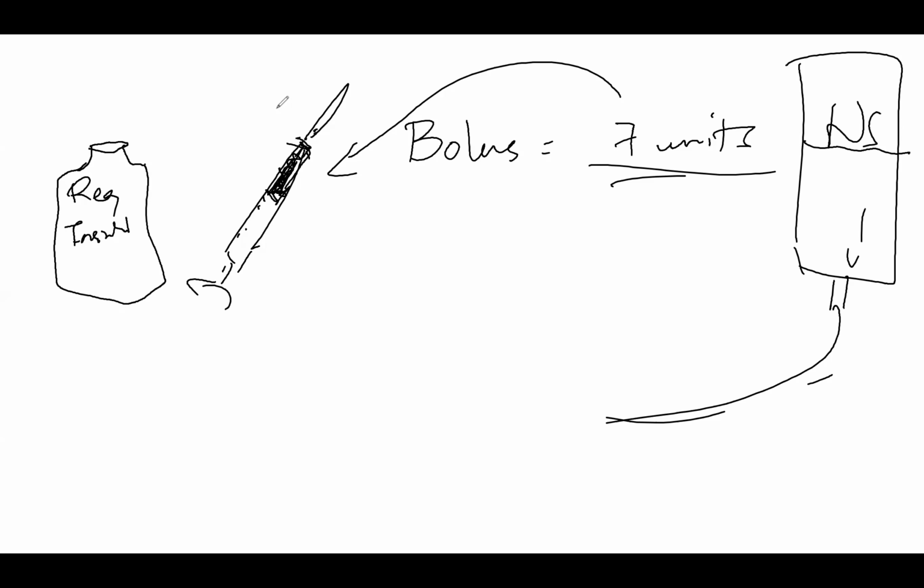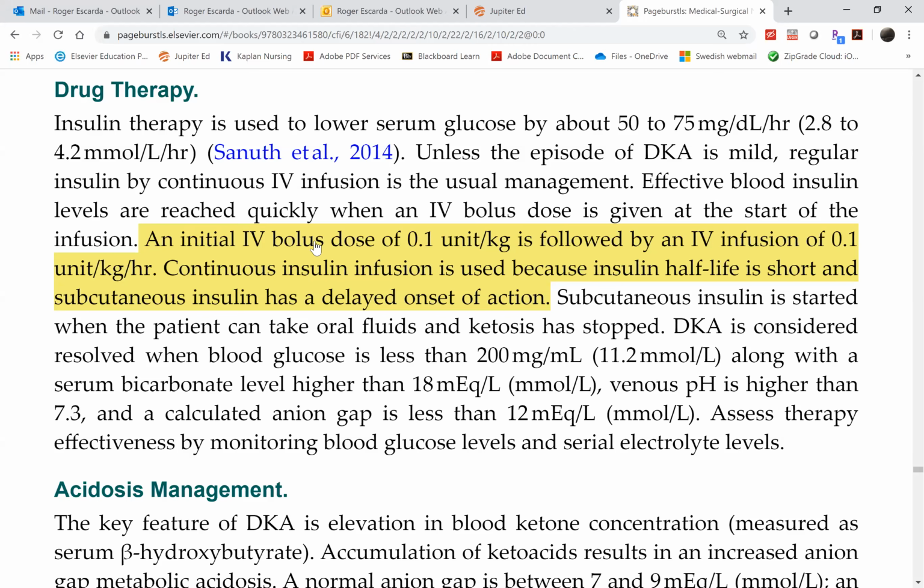So can you administer this straight IV? No, we have to use a piggyback with normal saline. But it says dilute IV bolus. It's an IV push, it says clearly here. It's IV bolus.